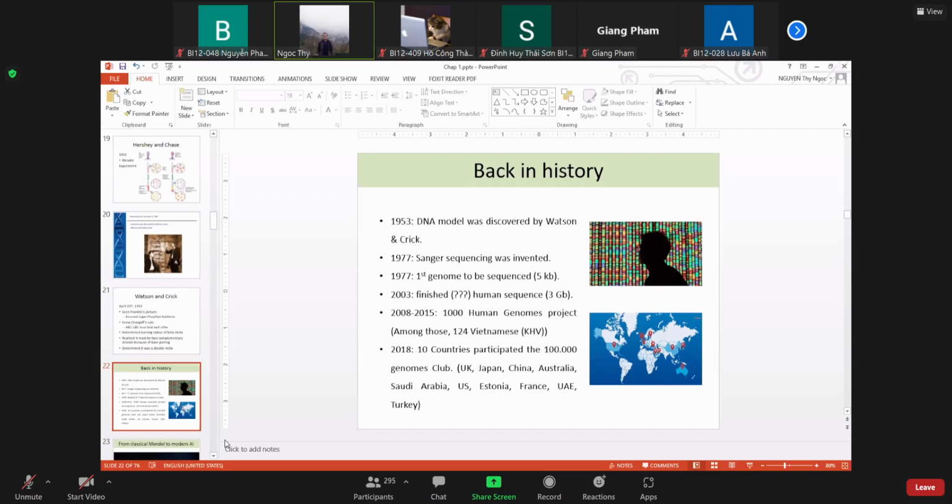For example, based on your DNA sequence, they will predict your risk of having cancer or type 2 diabetes, or your nutrient absorption. For example, are you lactose tolerant? Are you good at absorbing lipid or protein? And they also provide you an appropriate diet based on your genome. Quite nice.